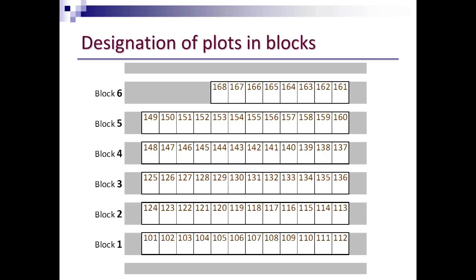Okay, so here shows the field layout. We have our 6 blocks along this dimension here, and within each block we have 12 plots, and I usually number them in a serpentine fashion. And then in block 6 we didn't have the 12, we had 8 plots.